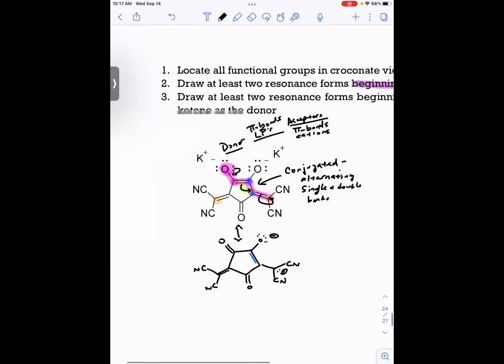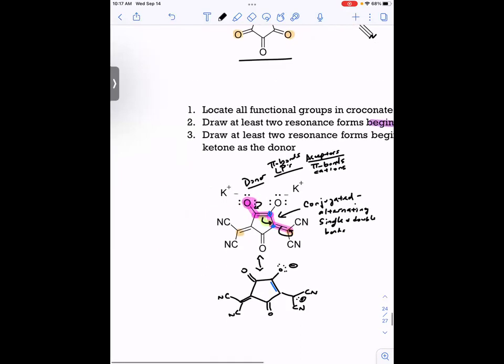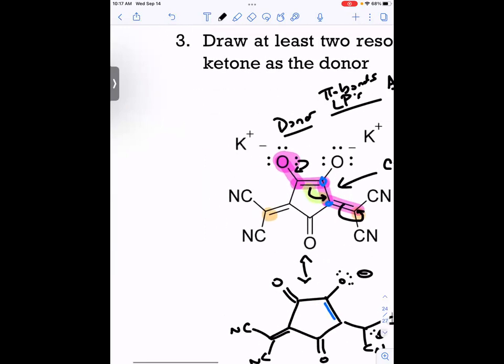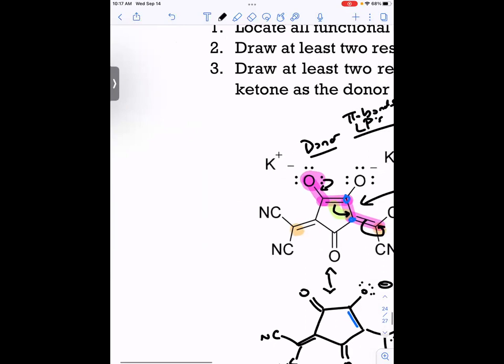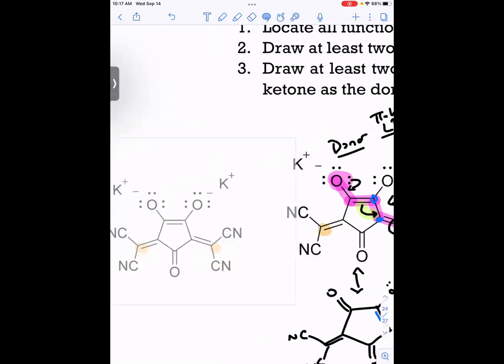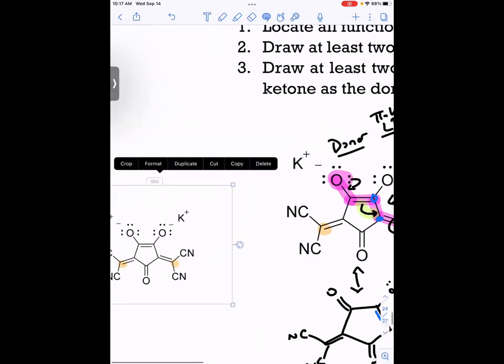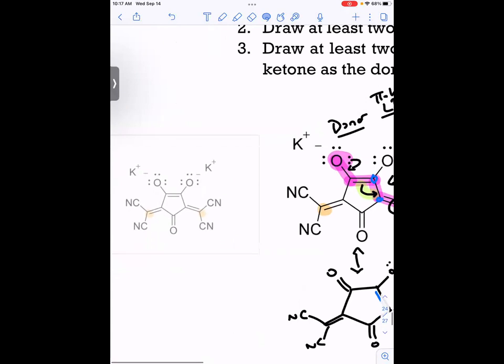All right, can we do the same thing on the other side? Yes. We can. It's the exact same pattern, isn't it?